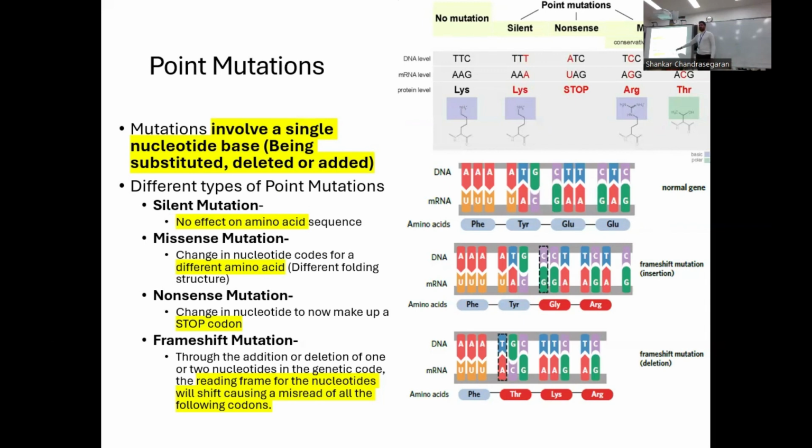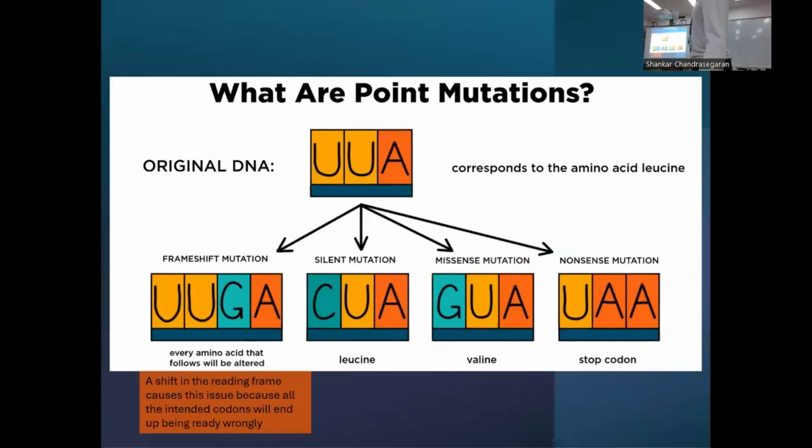And a frameshift mutation, more often than not, is going to be deleterious because it's not just changing one amino acid, it's changing every amino acid that's going to emerge after that. So that's going to completely change the folding of the protein. And when that happens, the protein becomes non-functional, or it basically won't even emerge.